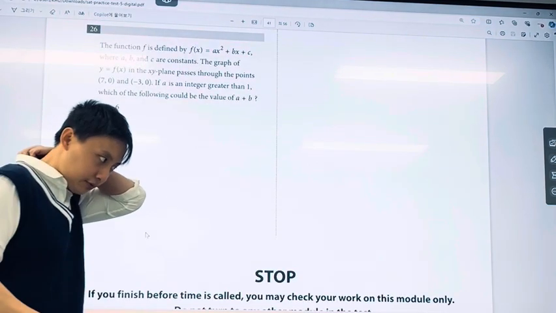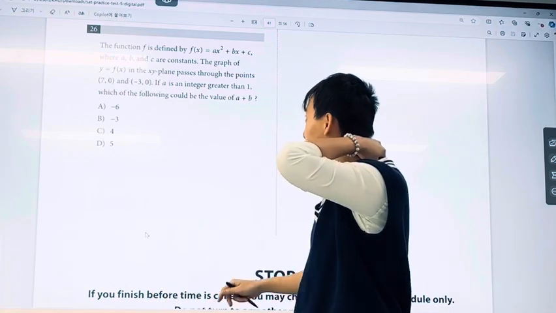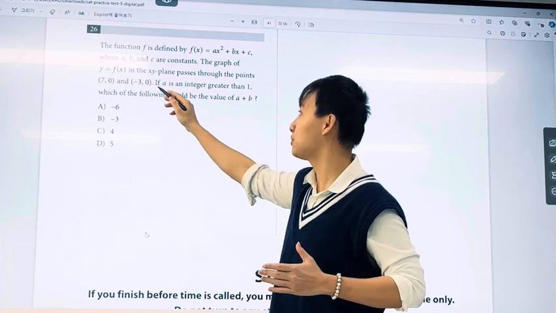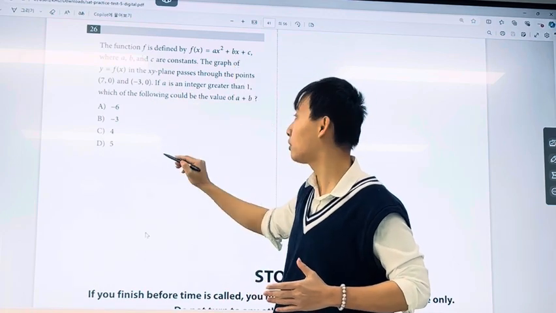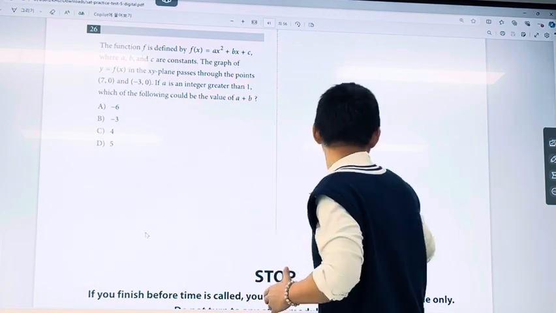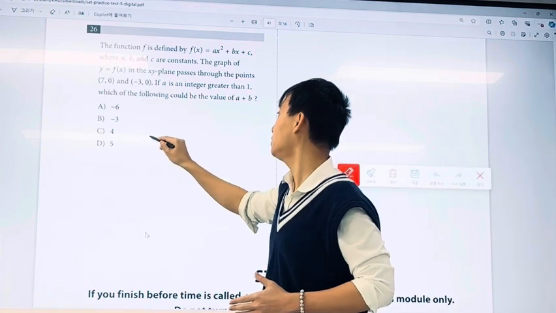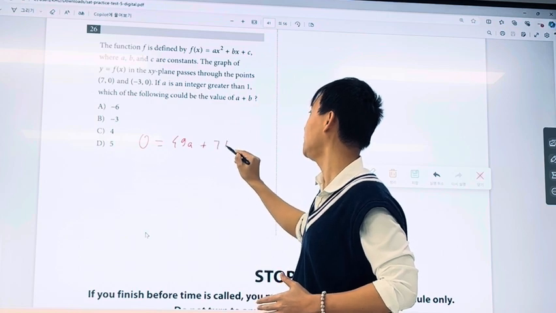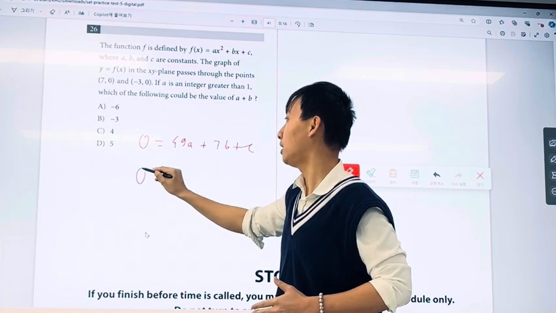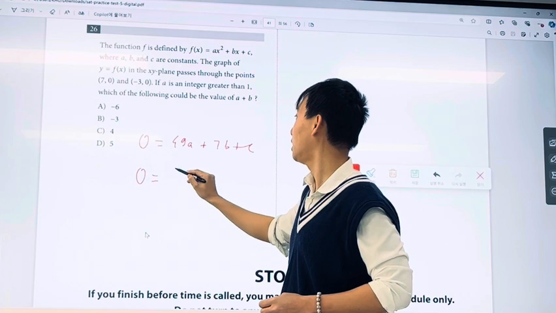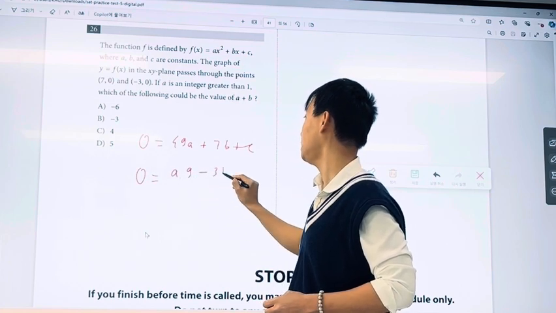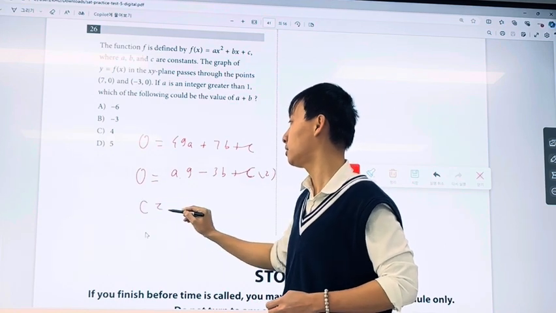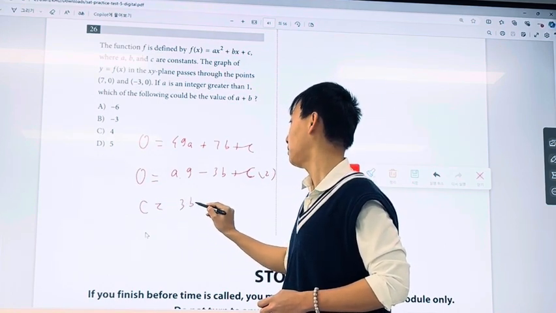Alright, for this question we substitute into this quadratic equation. We substitute each point into the equation. We get 0 equals 49a plus 7b plus c. Another equation is a times 9 minus 3b plus c, and on the second equation, we rearrange it to equal 3b minus 9a.